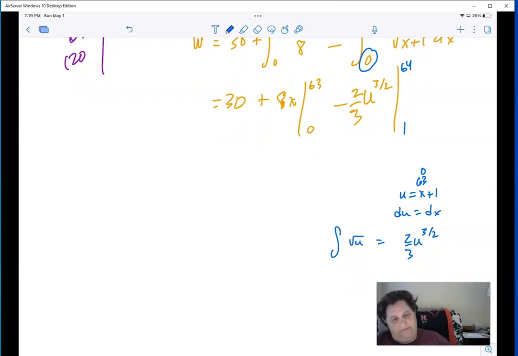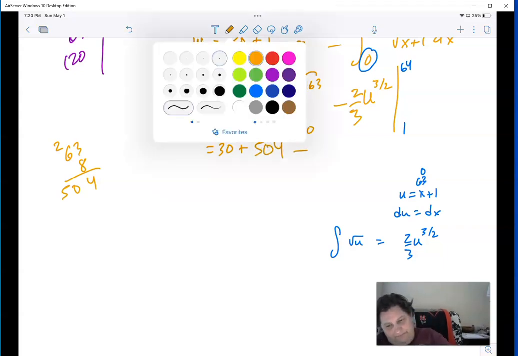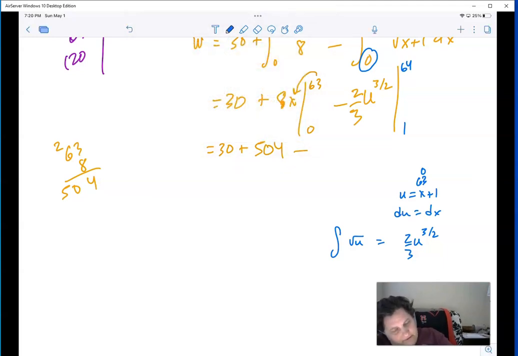All right, okay, here we go. Top minus bottom. I should need to get 8 times 63.